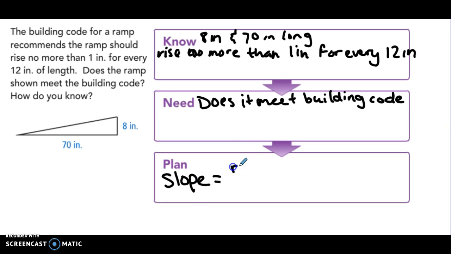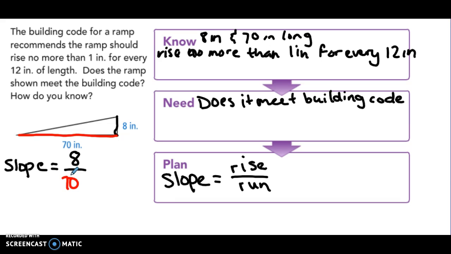So think of it as rise over run. So in our case, based on our triangle here, our slope, we talk about rise over run. We rise 8 inches. When we think about our run, we run 70 inches.